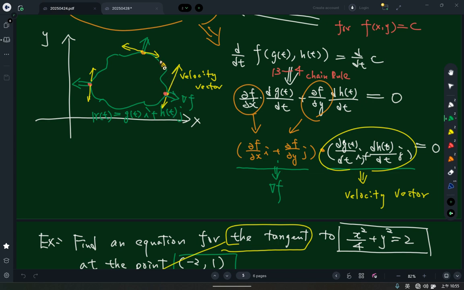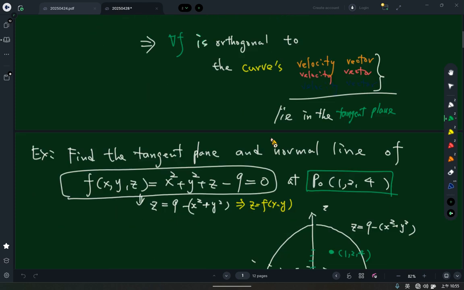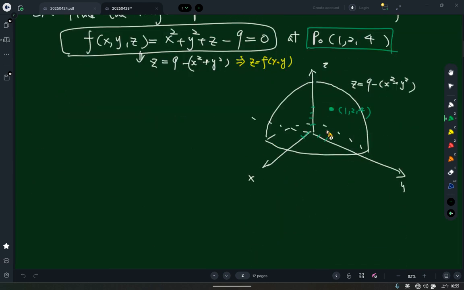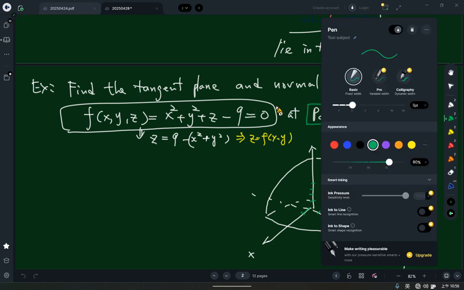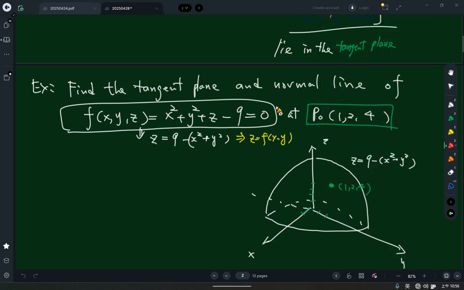In two dimensions, this is a curve and this is a tangent line. In three dimensions, it is a surface, and the question asks for the tangent plane. The tangent plane is something like that, passing through 1, 2, 4. And its normal line is just the vector perpendicular to the plane.